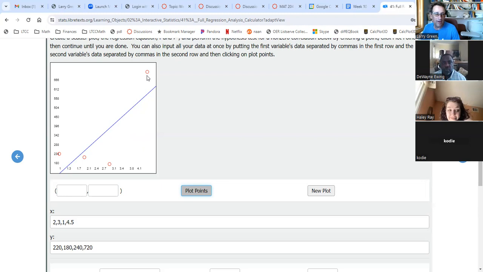See how far away they are from each other for each of these. Square those distances, and of all possible lines, this particular line that we see will give you the minimal sum of squared differences. And that's what the regression line does.